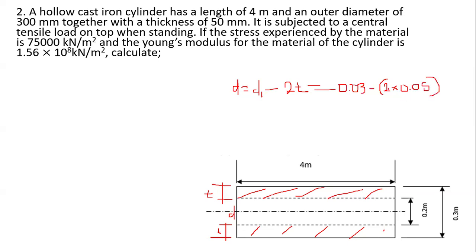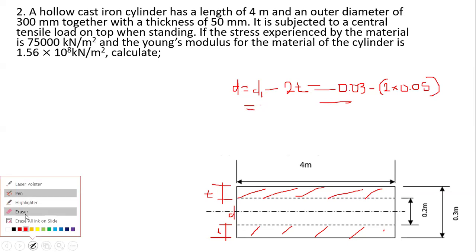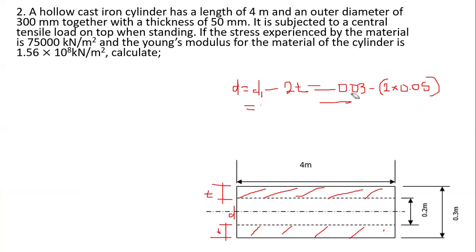So what we are having with this combination, let me just write it here. Not 0.03 here, please. It's just 0.3. It's not 30, but 0.3. So I'll just remove this.